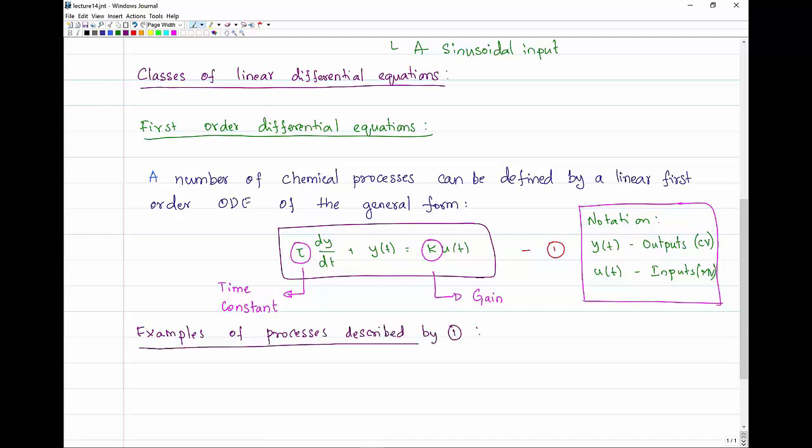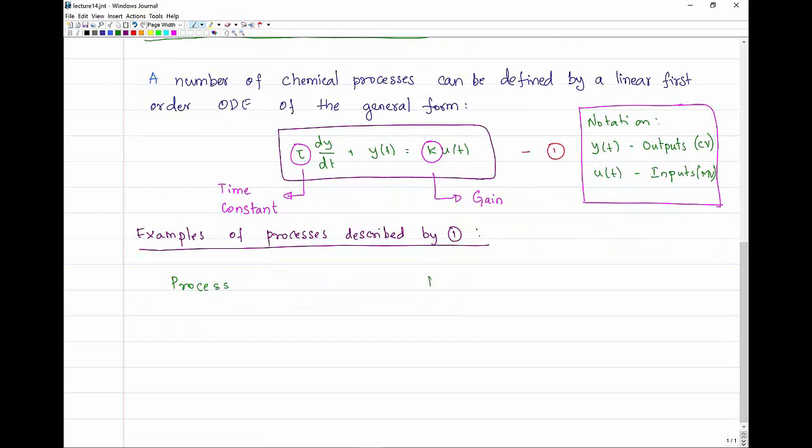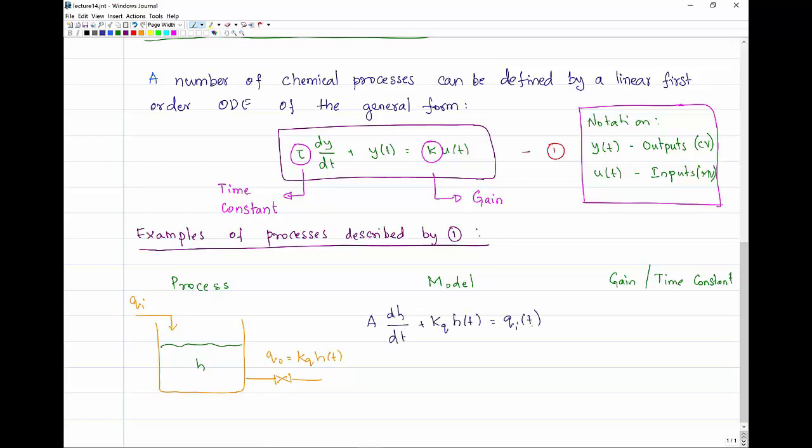Let's take a look at a few examples of processes whose dynamics are defined by a first-order differential equation of the form shown here. Consider a simple process with a tank, an inlet flow rate and an outlet flow rate, where the outlet flow rate is a function of the height in the tank. This process is defined by the model shown here.